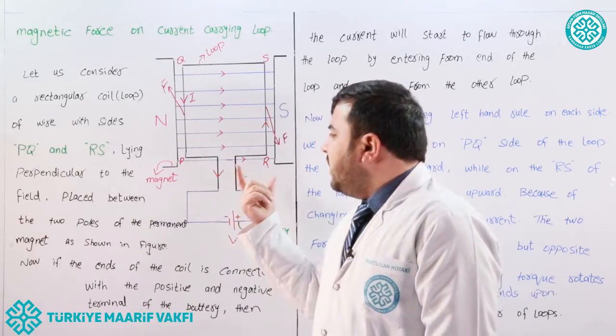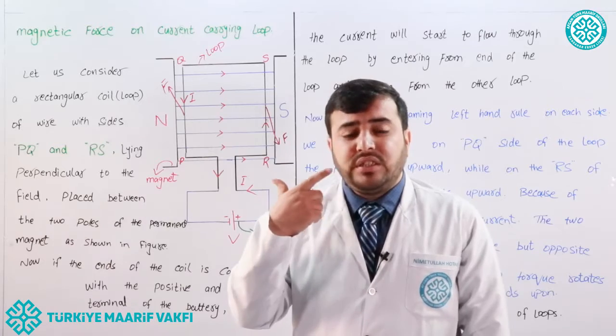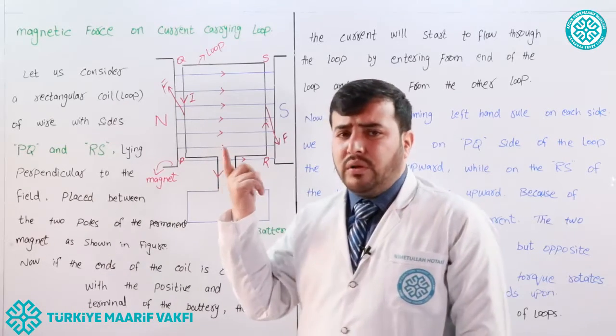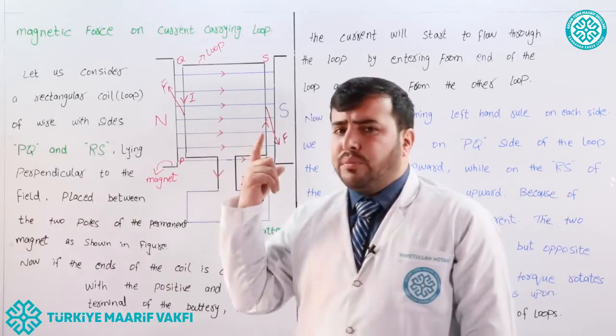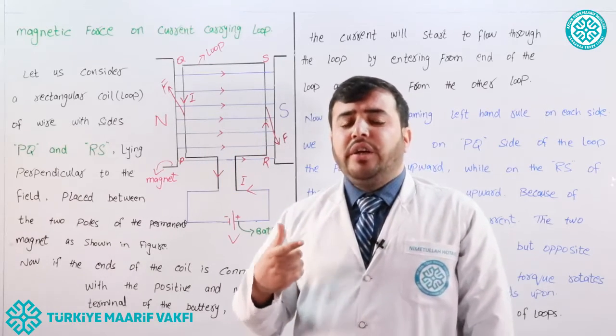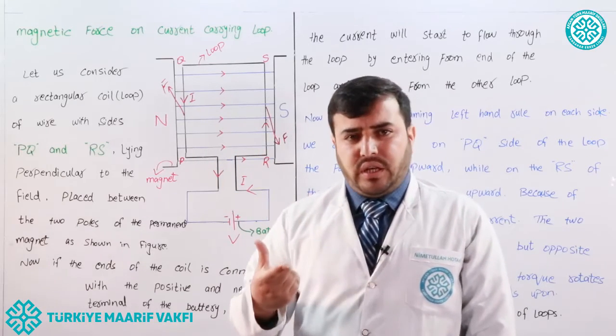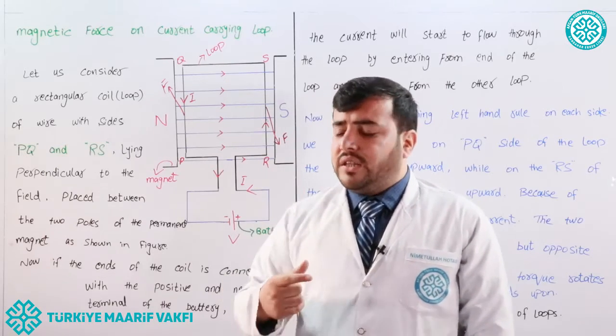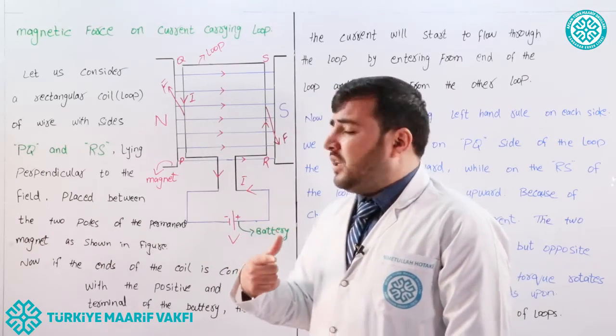And the second one is the number of loops placed in the magnetic field. Like here we have just one loop. If we place more than one loop, then it will produce more torque. So with increasing the number of loops, the torque will also increase.